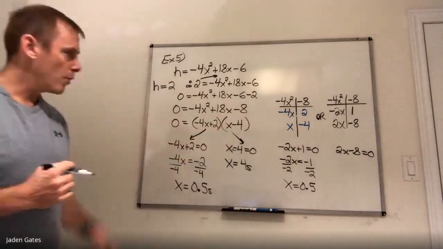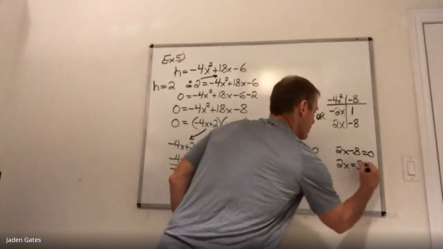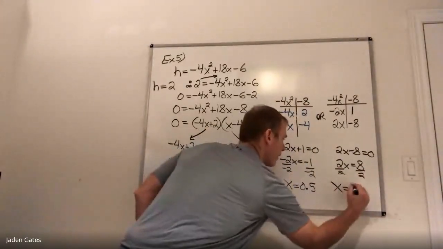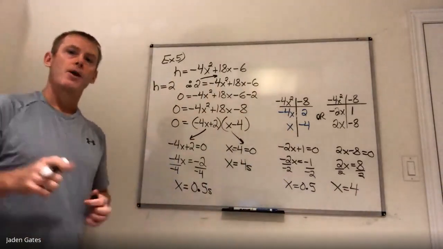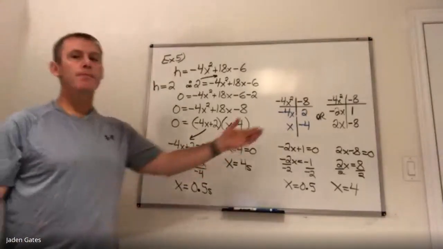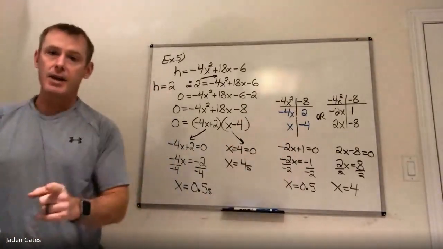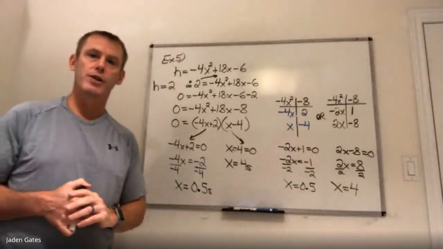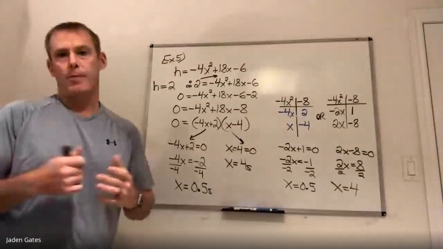Solving the other equation, if I bring the negative 8 over to the other side, it's a positive 8. Divide both sides by my numerical coefficient, and again I'm going to get a 4. So when you factor, sometimes there are two possible tables, but in the end, when you solve, you still get the same answer. As long as you factor properly, you'll get the same answers.